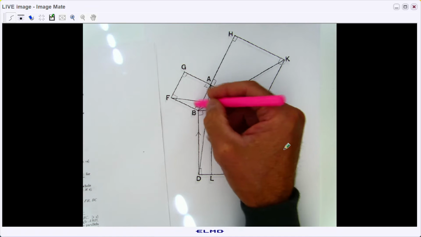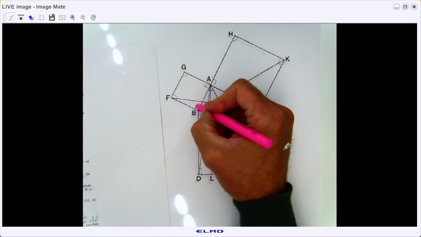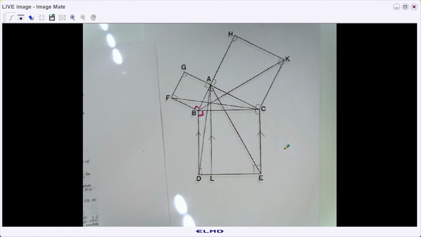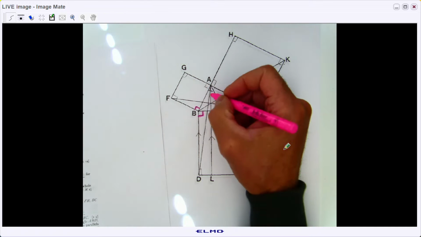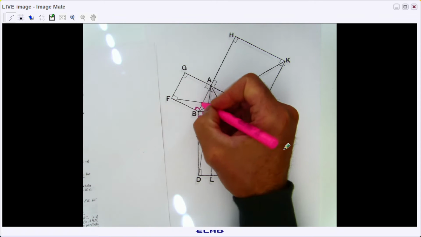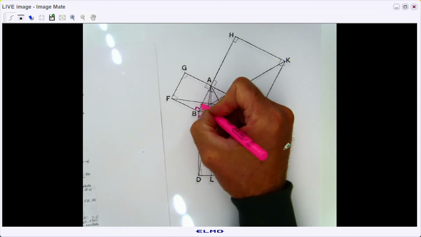So I'll just highlight that. Okay, they're each right. He says, let the angle ABC be added to each. So the angle ABC added to each is this angle in here.